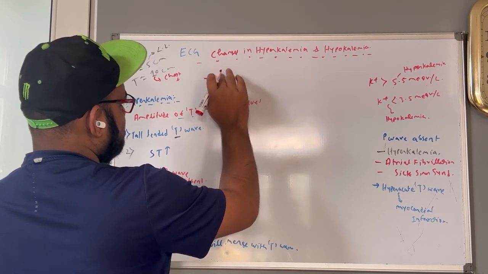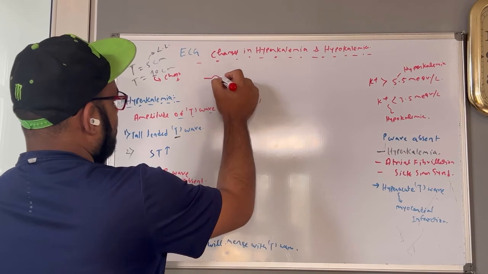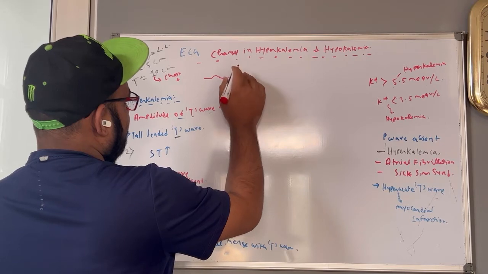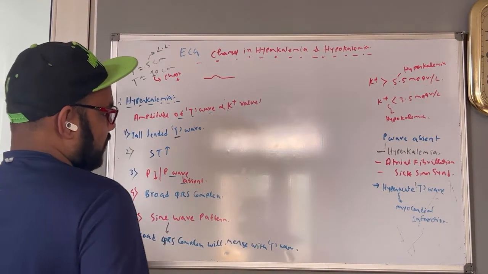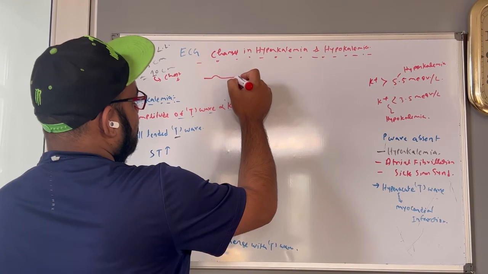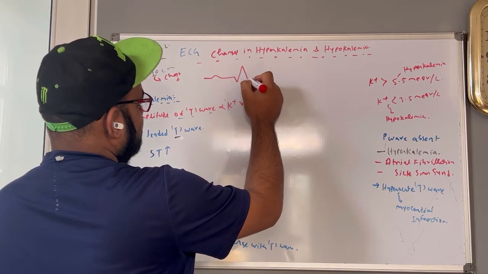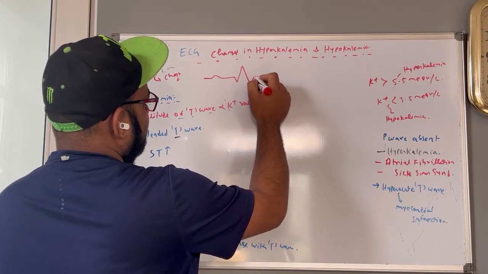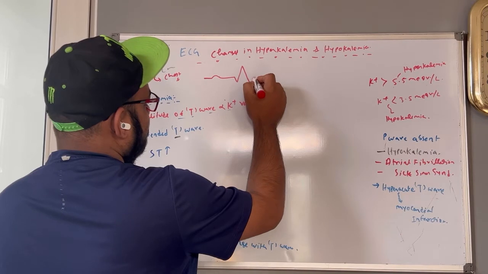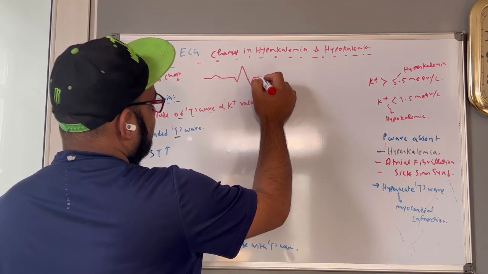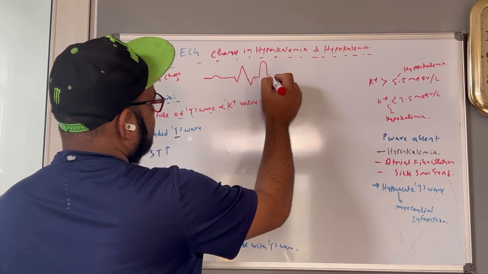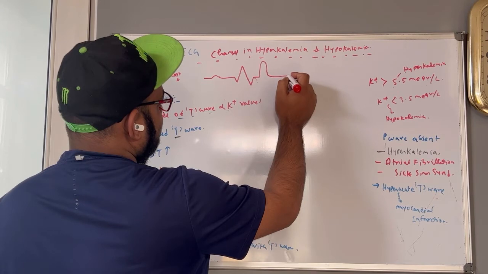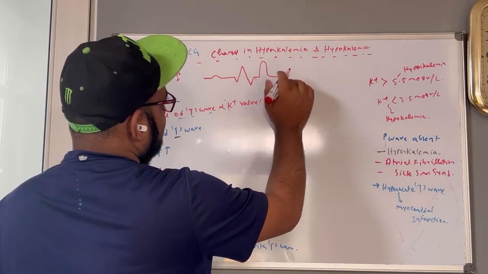Along with that, the PR interval will be prolonged. Along with that we get a broad QRS complex, and that directly merges with the T wave. As a result we get the tall tented T wave.